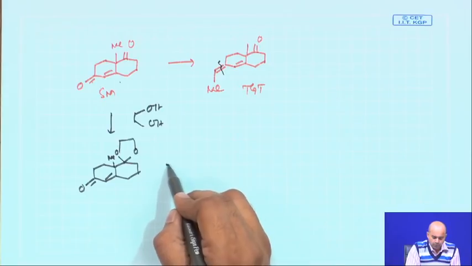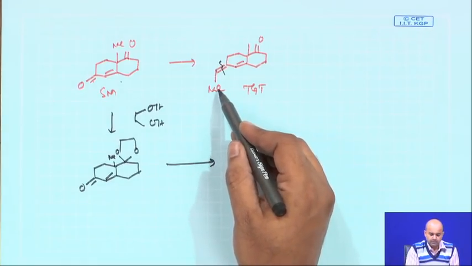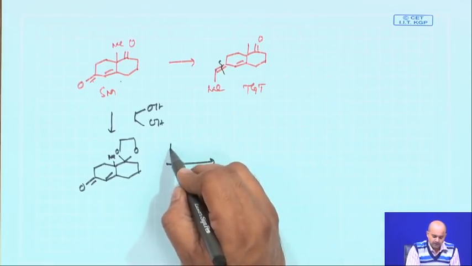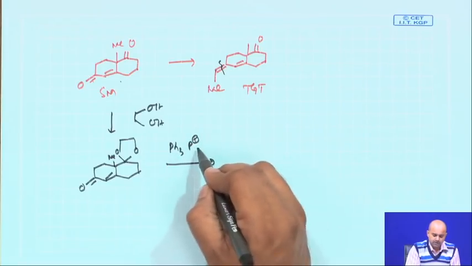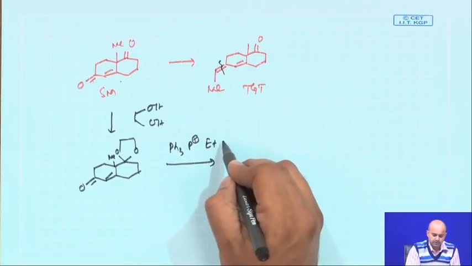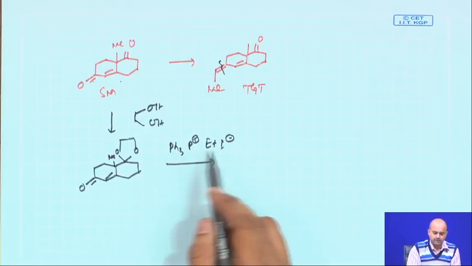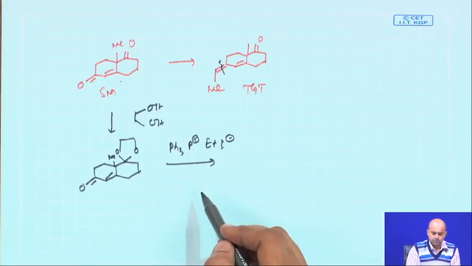Next, what you need to do is a Wittig reaction with a simple Wittig ylide. This ylide can be efficiently generated with Ph3P plus EtI: triphenylphosphine and ethyl iodide are mixed together and you get the corresponding salt.